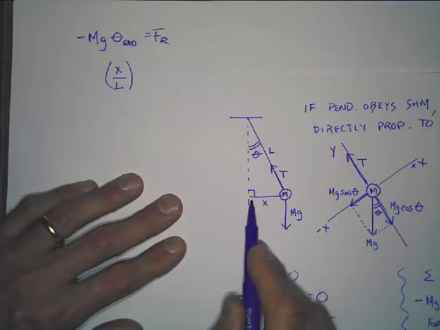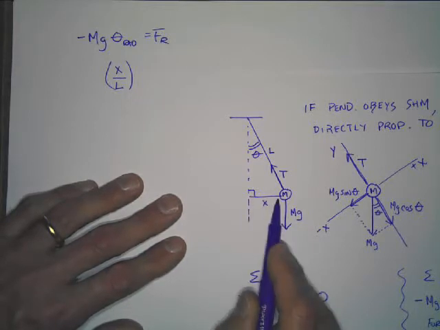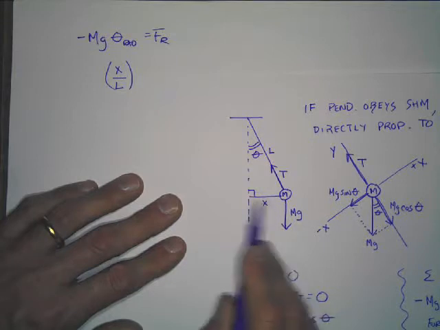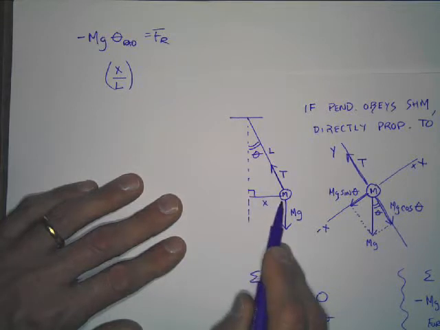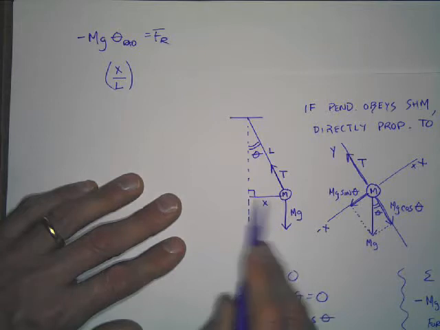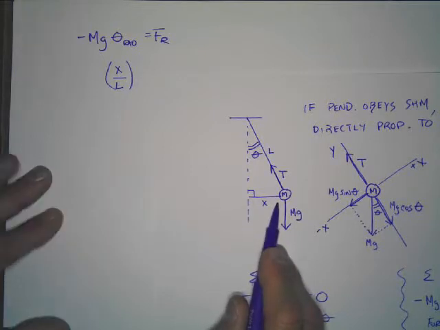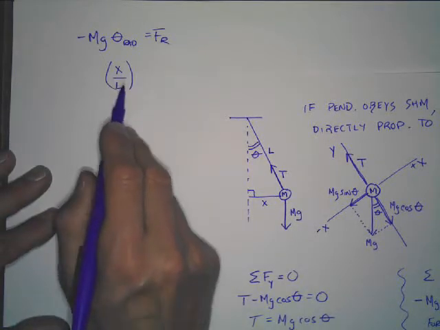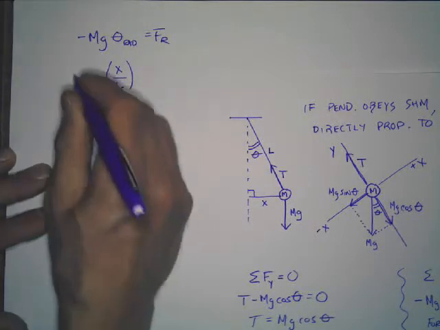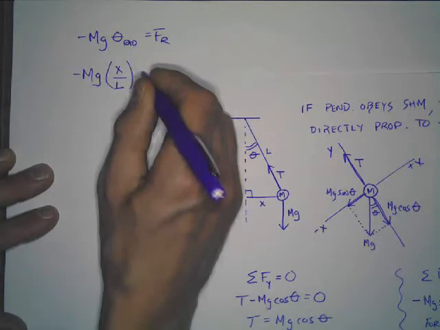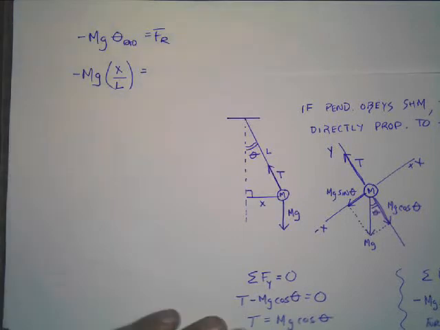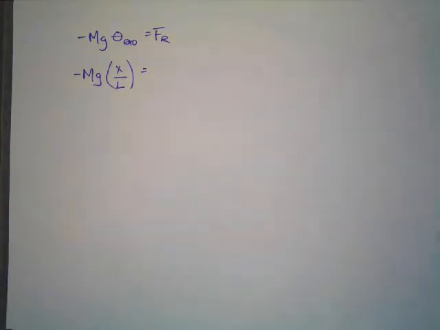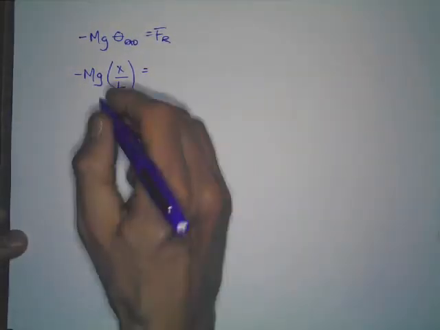So for a very small theta, this is just going to be a tiny little distance compared to the length. And we can say that the arc length is equal to the ratio of x divided by L. When I write it that way, I can group my constant terms together.